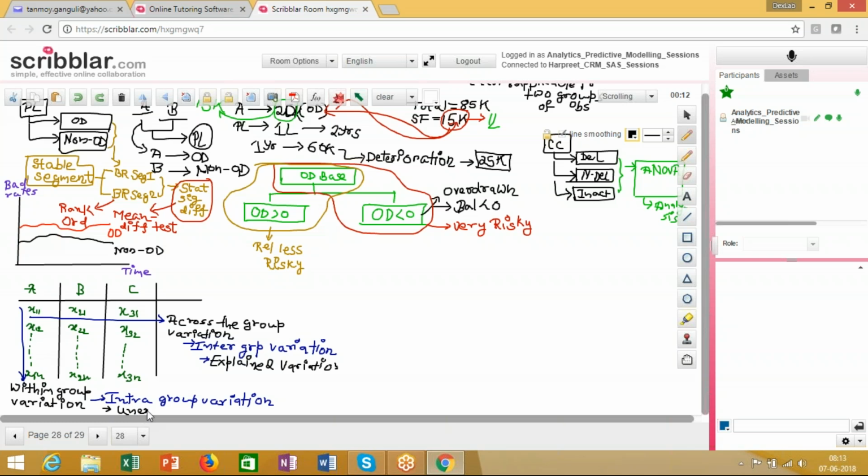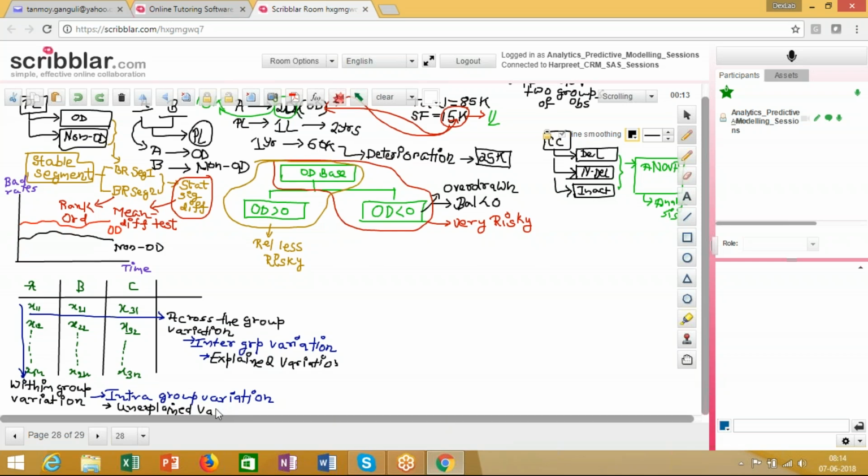It is known as the unexplained variation.